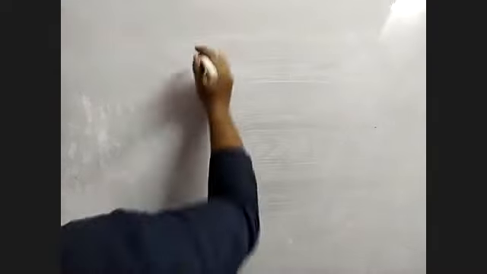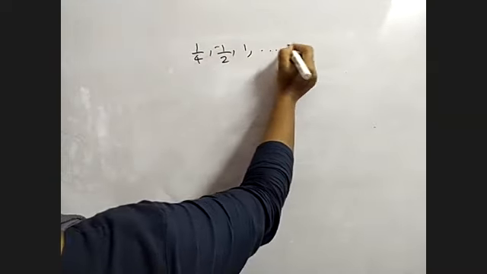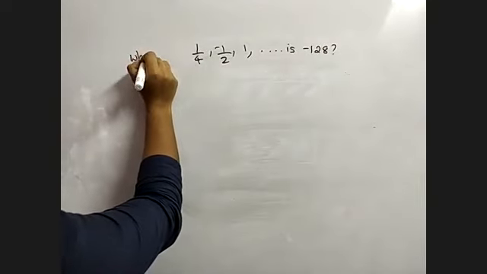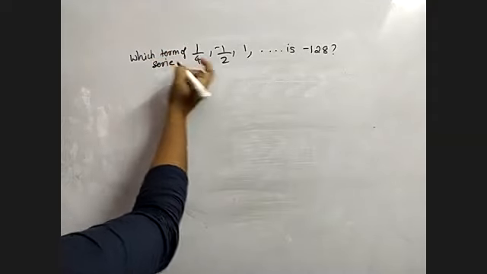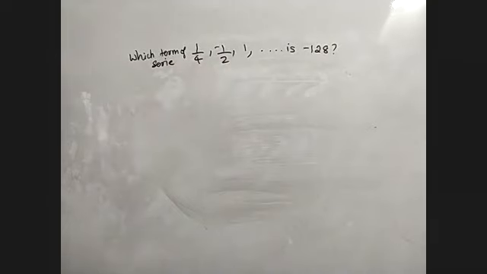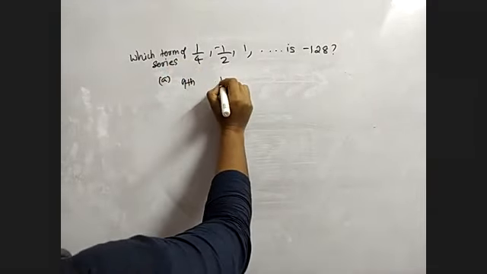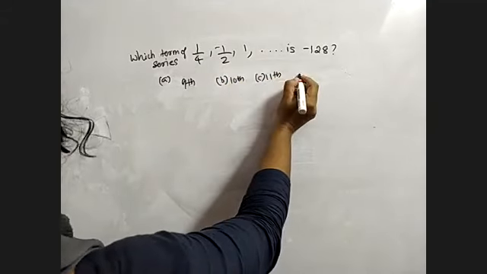Which term of the series 1 by 4, minus 1 by 2, 1, etc. is minus 128? Options: 9, 10, 11, 12.